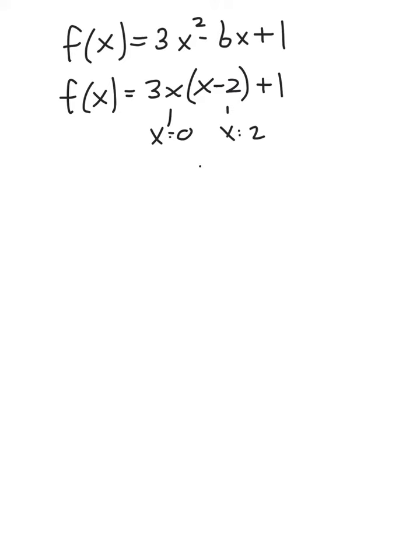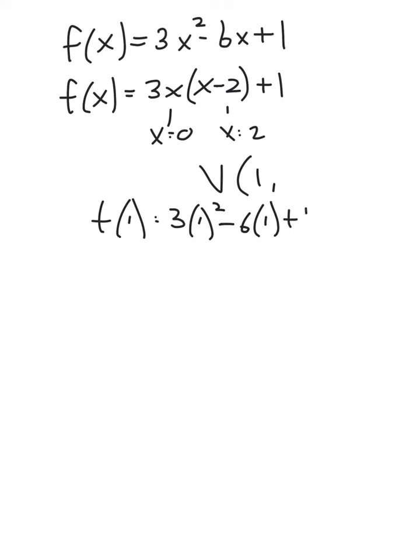So the vertex will have an x value of 1. If we substitute back in, f of 1 equals 3 times 1 squared minus 6 times 1 plus 1. So that's negative 3 plus 1, which is negative 2. So the vertex is 1 comma negative 2.